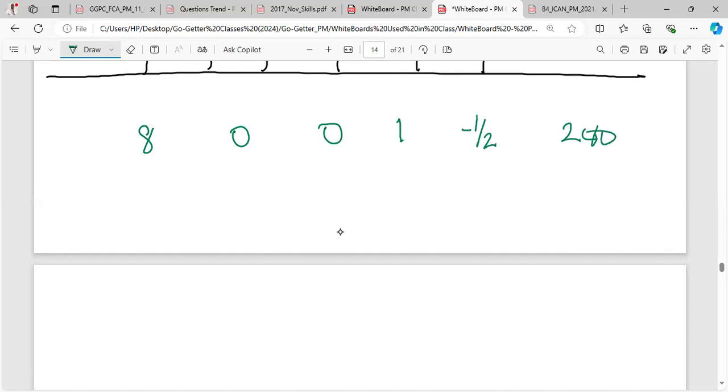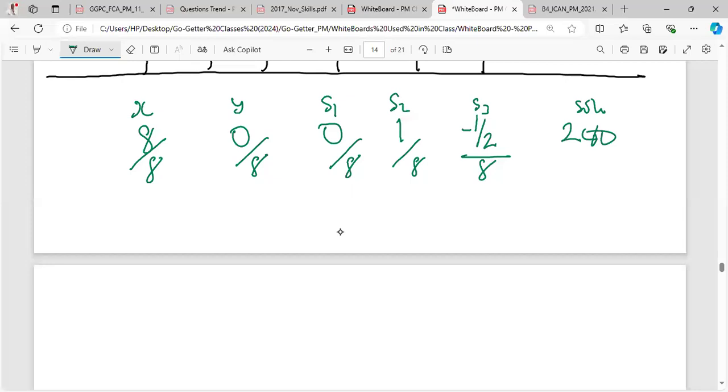So this is supposed to be X, Y, S1, S2, S3, so now I'm going to divide by 8, divide by 8, divide by 8, divide by 8, divide by 8, and divide by 8.